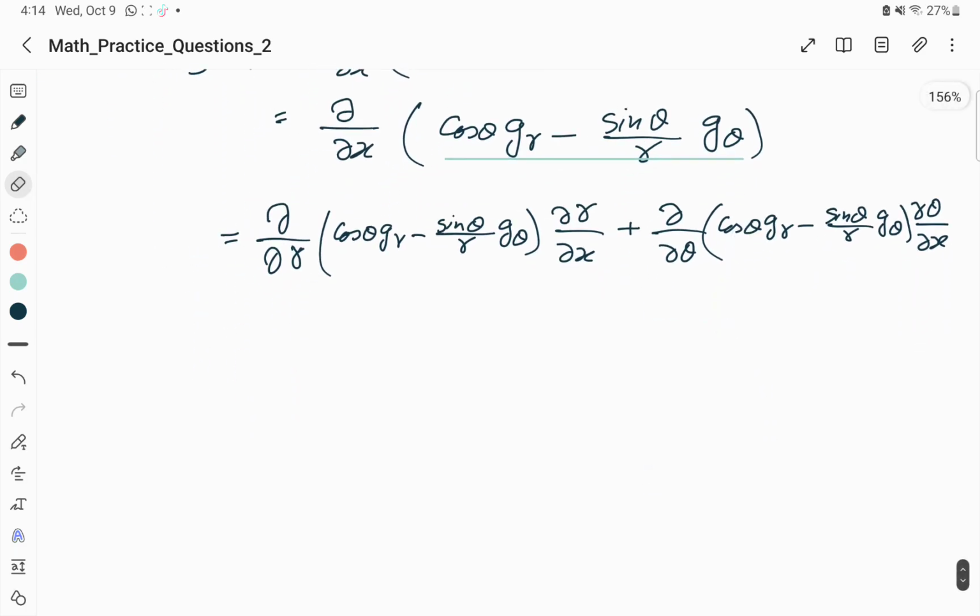Now we calculate this derivative, but before that we simply apply the derivative on each individual expression.